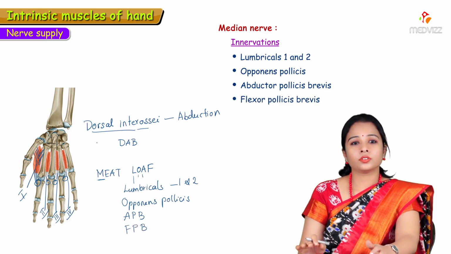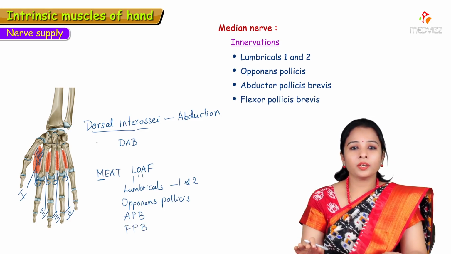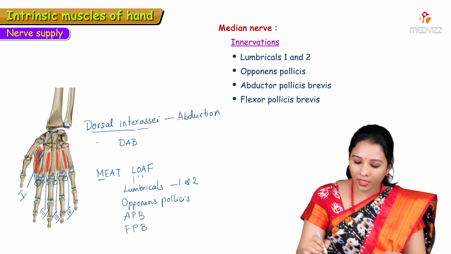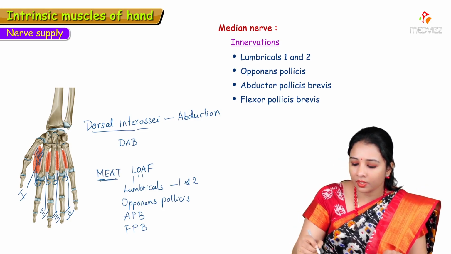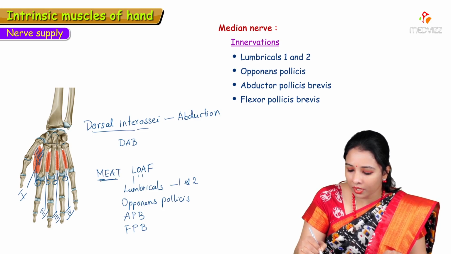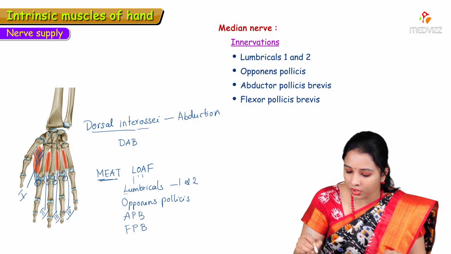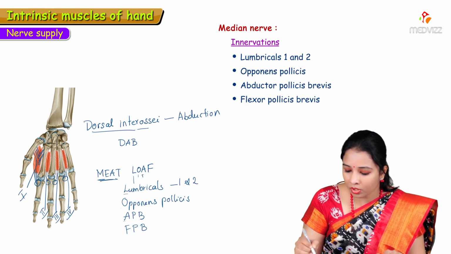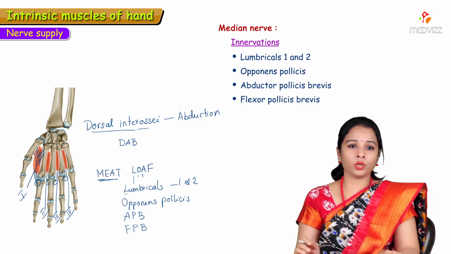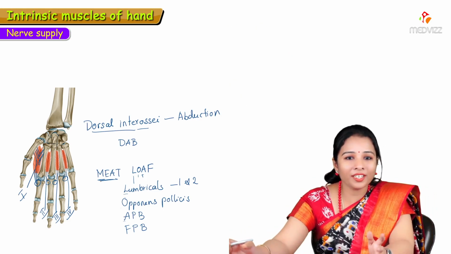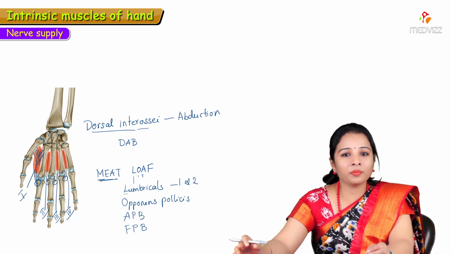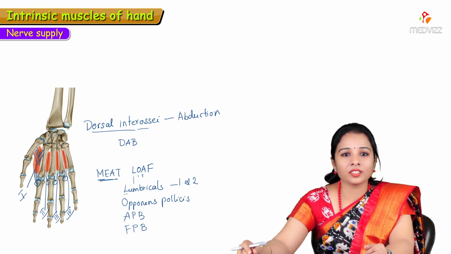So these are the muscles supplied by the median nerve. M for the median nerve, L for lumbricals, O for opponens pollicis, A for abductor pollicis brevis, F for flexor pollicis brevis. Non-meatloaf means all other intrinsics are supplied by the ulnar nerve.